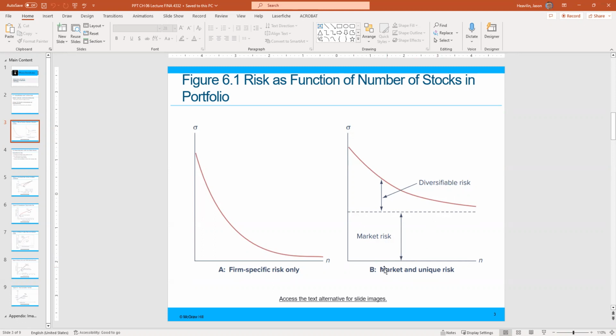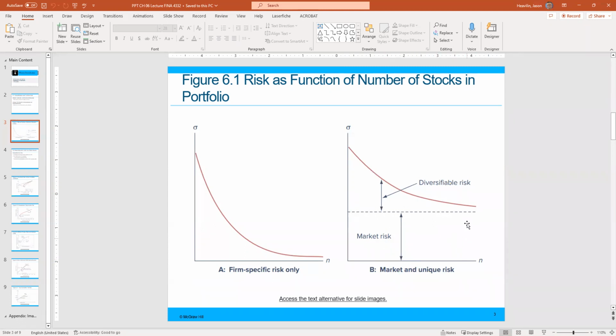So the x-axis is number of stocks. As you increase the number of stocks, and you want to have stocks from different industries, as you keep on throwing in more stocks in your portfolio, you can start bringing down the standard deviation on the diversifiable risk portion.